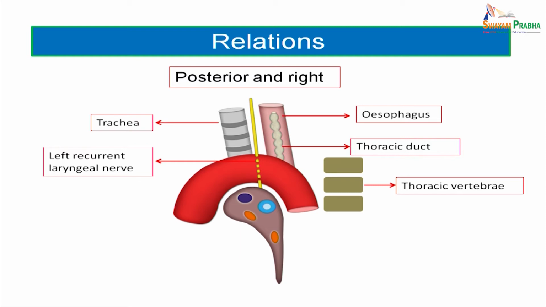In addition to these, we have the situation of the deep cardiac plexus just posterior to this arch of aorta. Now, the deep cardiac plexus is lying in front of the trachea and behind the arch of aorta.